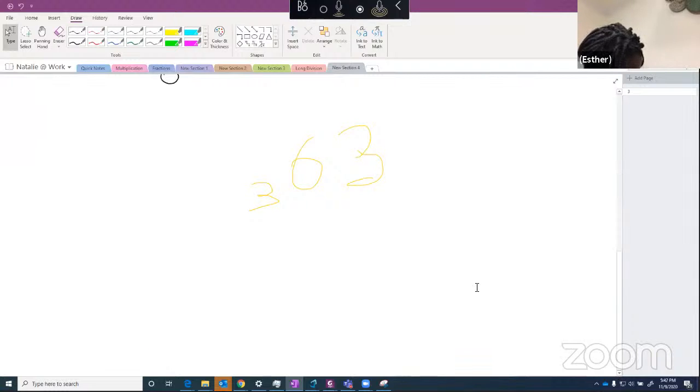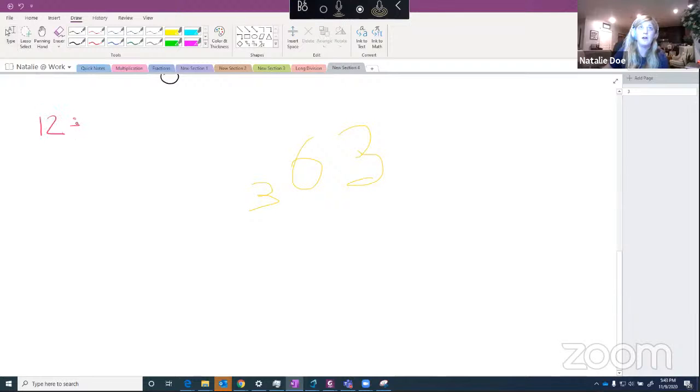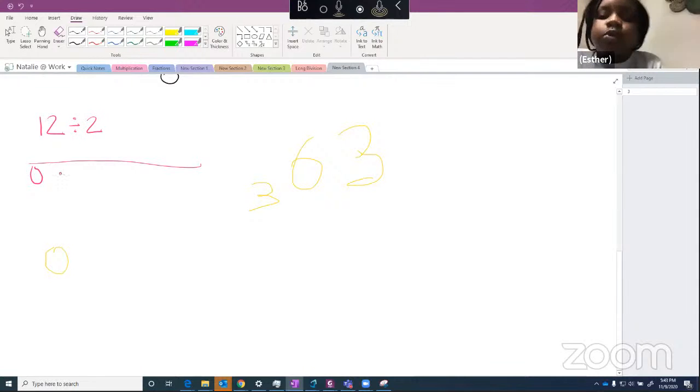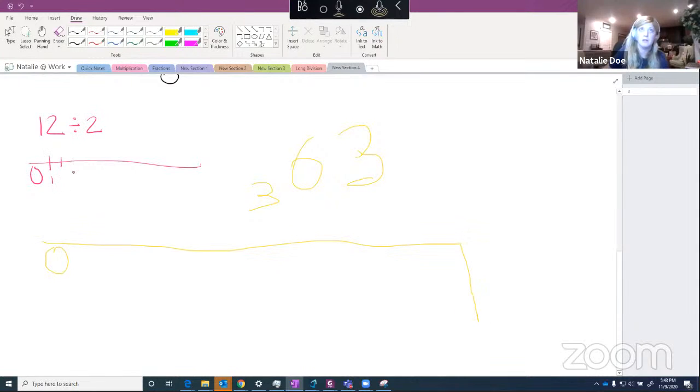All right. So let's do 12 divided by 2. When you draw a number line, you always start at 0 and you want to finish at whatever we're counting up to. We're counting up to 12. Exactly.